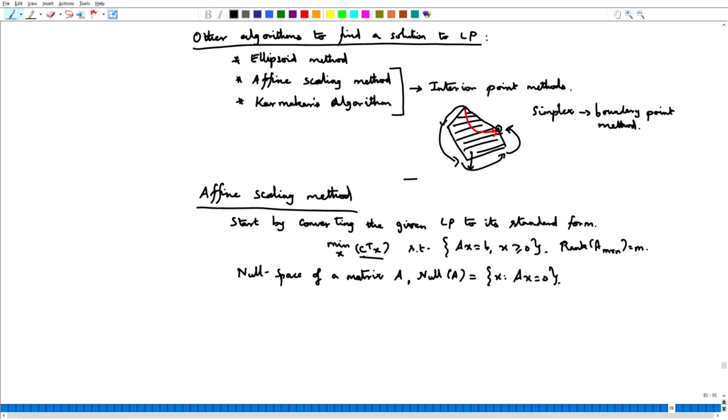So, note that we actually want each point xk, right. So, x0, x1, x2, dot dot, wherever it ends. For all those x we need it to satisfy Ax equal to b, right.